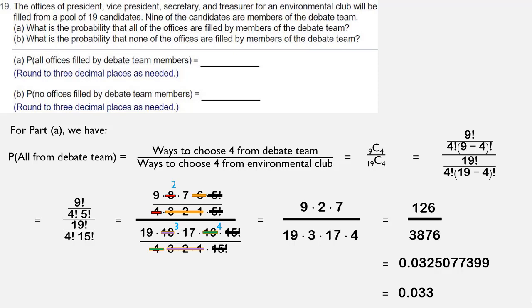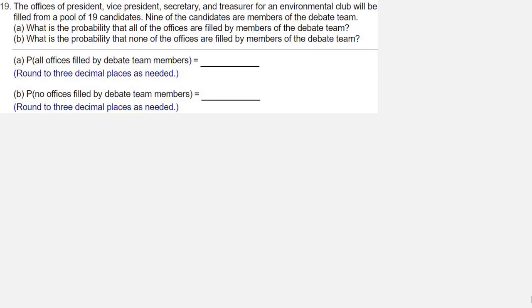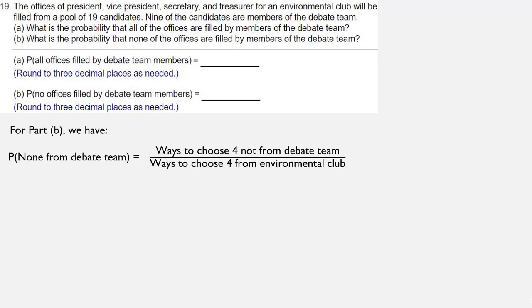For part B, we don't want any of the offices filled by debate team members. So that's the ways to choose 4 not from the debate team divided by the number of ways to choose 4 from the environmental club. So the denominator is the same in part A and part B. So that denominator is going to be 19C4. But how do we choose 4 members that aren't on the debate team?